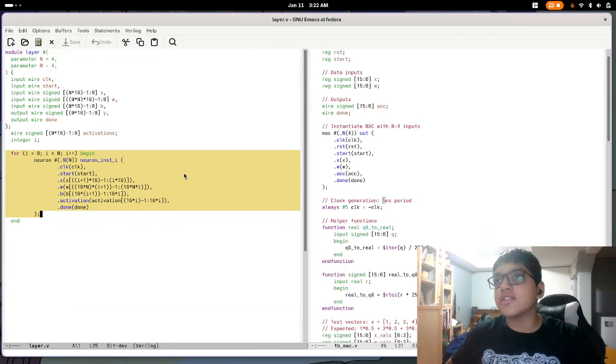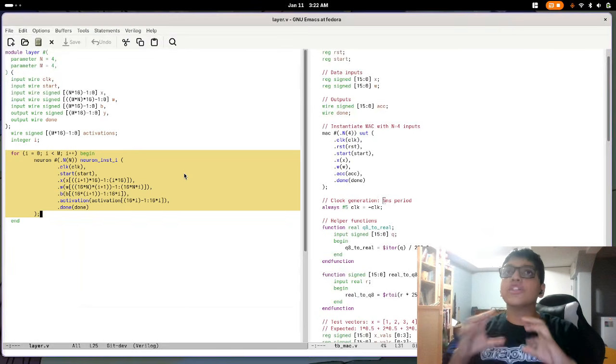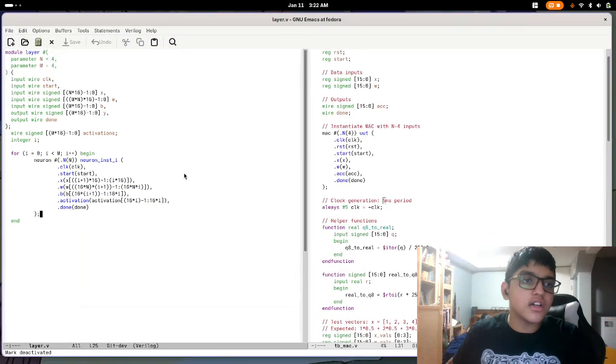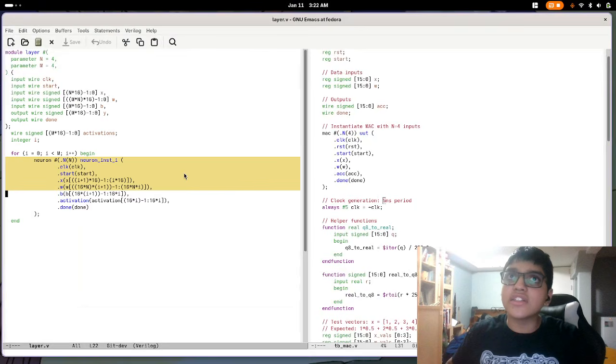It's dictating how the hardware should compile. Because we want the number of neurons to differ depending on the number we specify, we use this for loop.